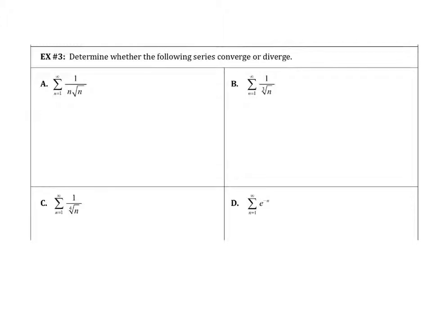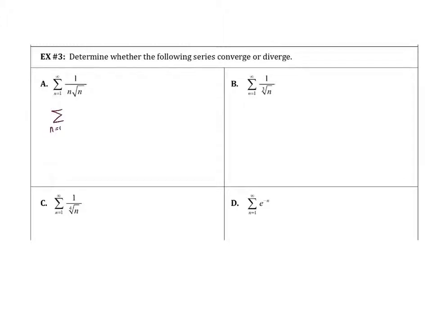All right, for these examples, we need to determine whether or not the series will converge or diverge. And so for this, we are looking through to see if we have the exponent that we need. So we're going to play around with getting these in the right form so we can see what the value of p would be.